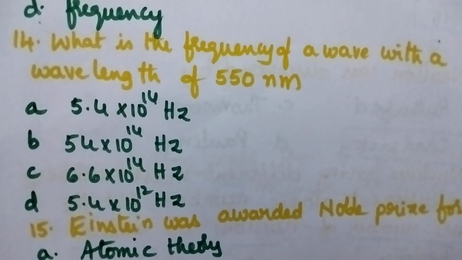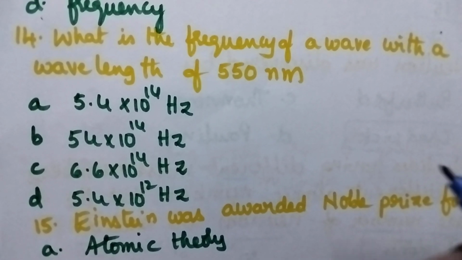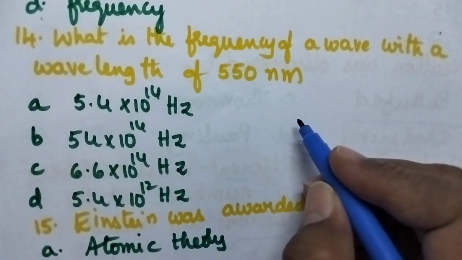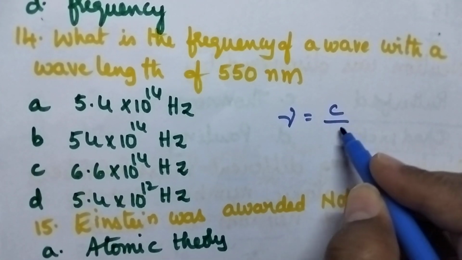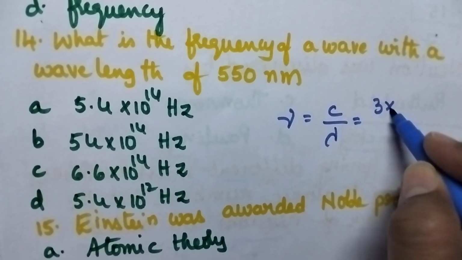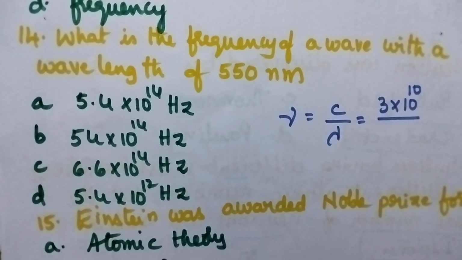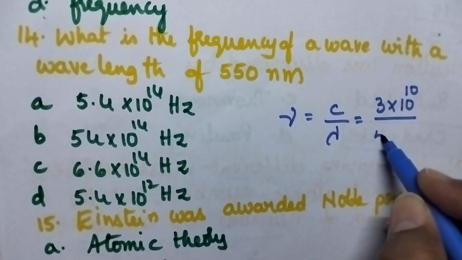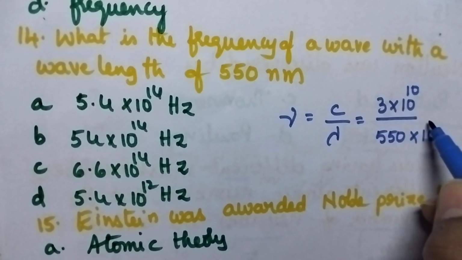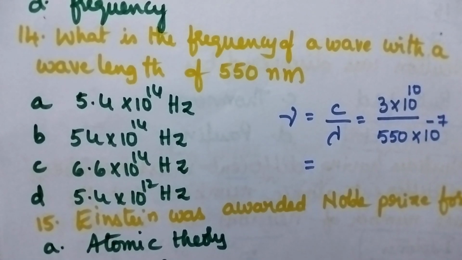What is the frequency of a wave with a wavelength of 550 nanometers? So we are supposed to calculate the frequency. Nu is equal to c by lambda. What is the value of c? c means the velocity of light, that is 3 into 10 power 10 centimeters per second, and coming to the wavelength, here it is 550 nanometers, and we have to convert into centimeters, so it should be multiplied by 10 power minus 7, and you just do the calculation.